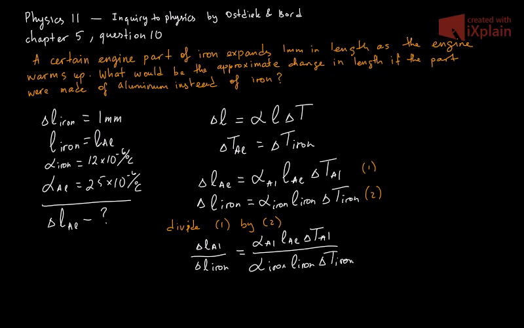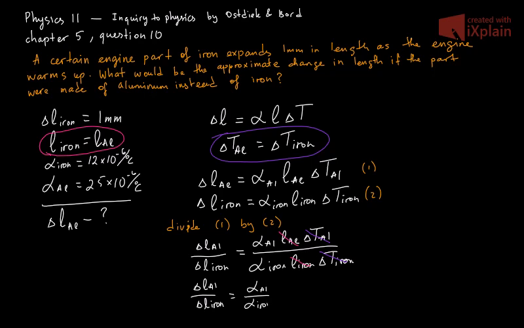So let's see what we have. L iron and L aluminum are equal to each other, so these two will cancel out. We also have that delta T aluminum and delta T iron are equal to each other, so these two will cancel out. So we will end up having delta L aluminum over delta L iron equals alpha aluminum divided by alpha iron.